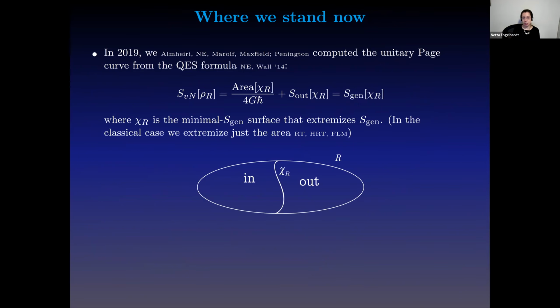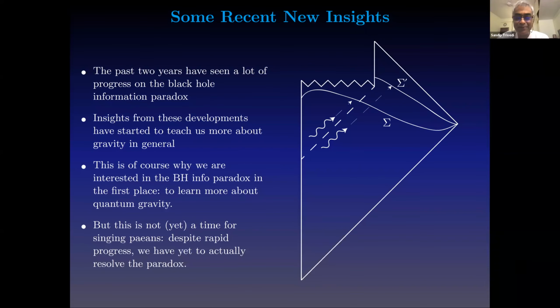Now, this is a one-slide summary. Yeah, question. Sorry, Netta, not to interrupt you so early. Just since you began so nicely, if I can ask, and only answer if you want to, what in your view would constitute actually resolving the paradox?